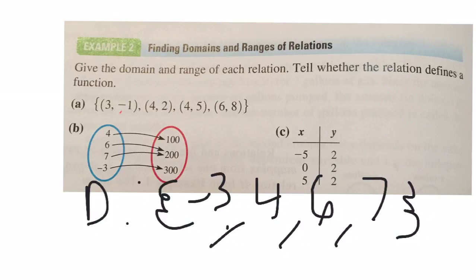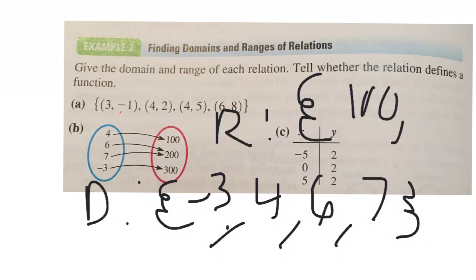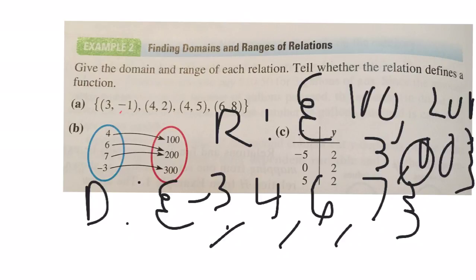So the blue circle would be the domain, which means the numbers in the red circle would be the range. So it would be the set of numbers 100, 200, 300. And since none of the x values repeat, part B would be a function.